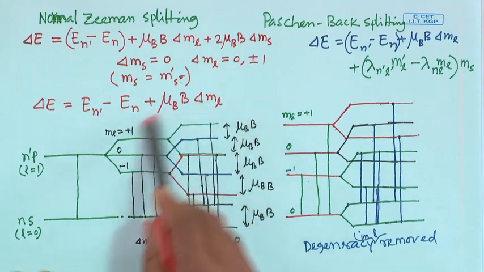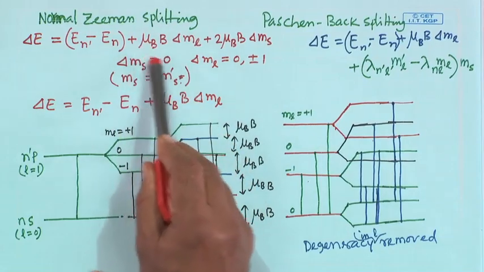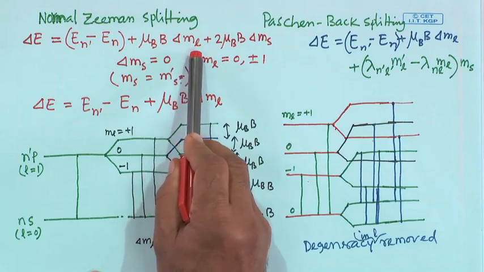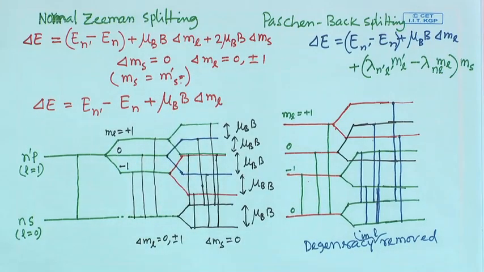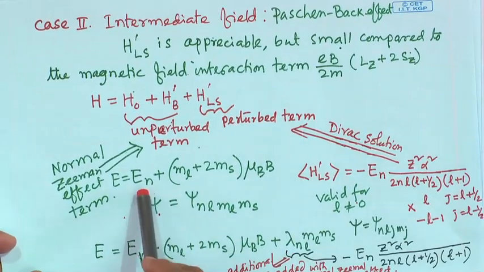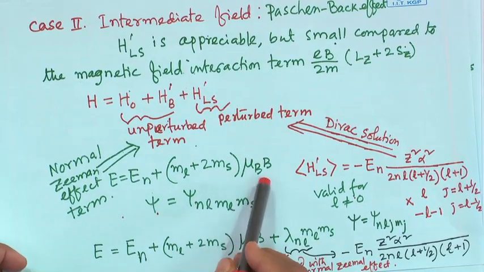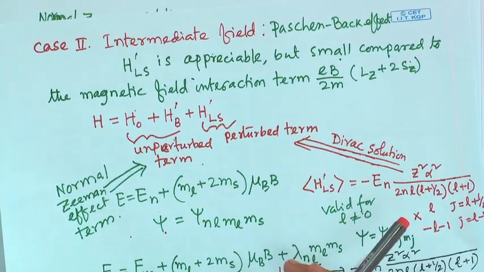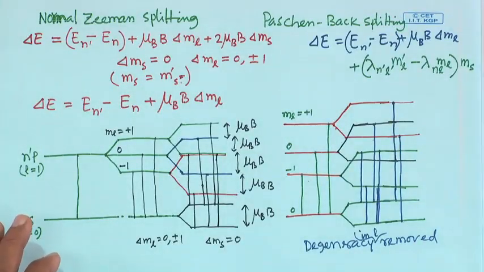Now, after applying the magnetic field, we will see these things. So, E n plus that term, μB B Δm_l. The actual energy term is E n plus m_l μB plus 2 m_s μB. Whatever Δm_l we have written, that is basically m_l dash minus m_l.